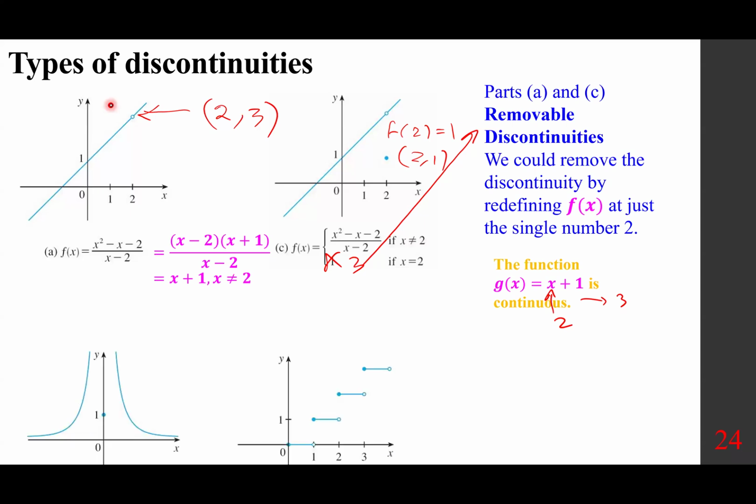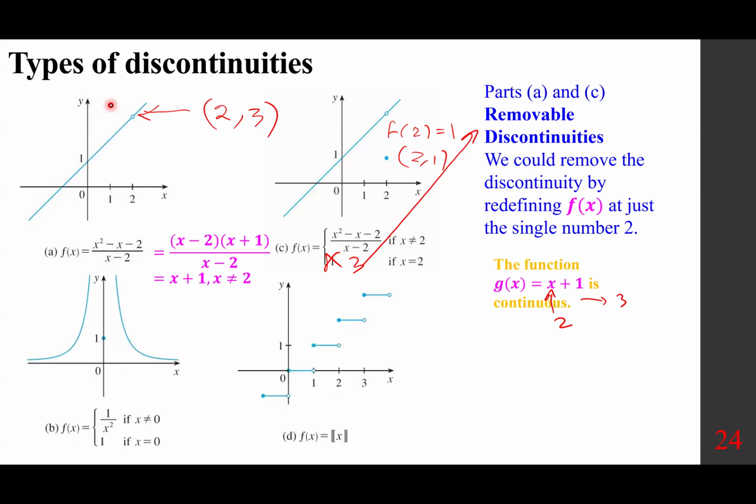On the other hand, if you look at these two cases, part B is called infinite discontinuity, also known as VA, vertical asymptote. You're looking at the function f of x equals 1 over x squared if x is not equal to 0 and 1 when x is 0, that means the pair 0, comma 1 is part of the graph.